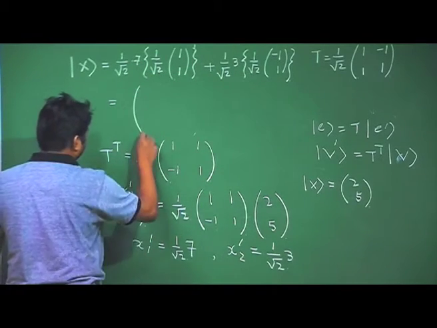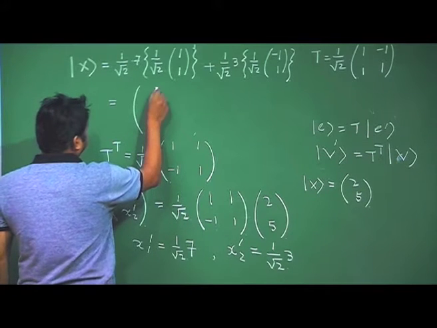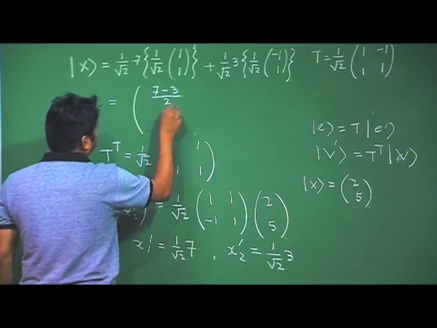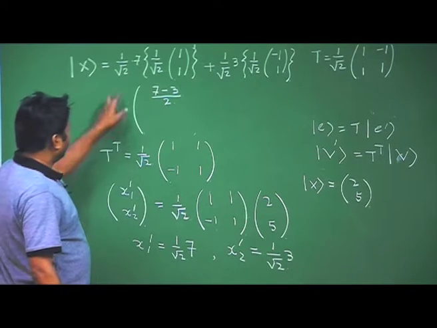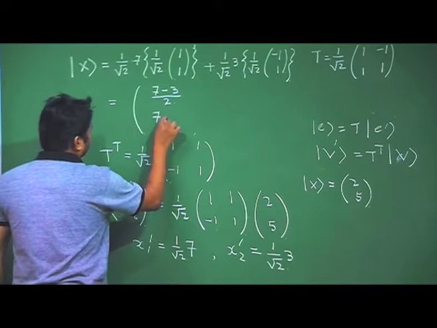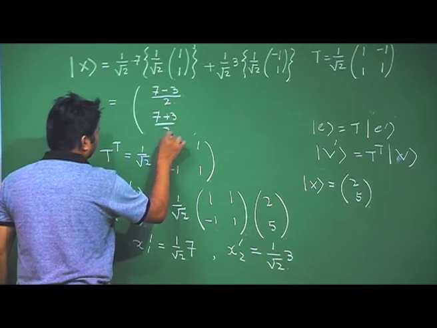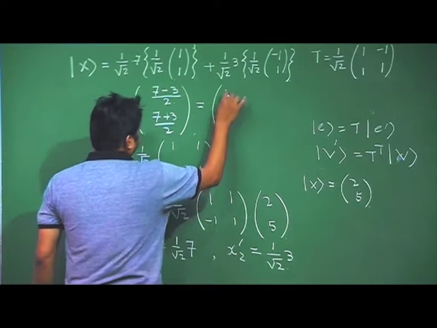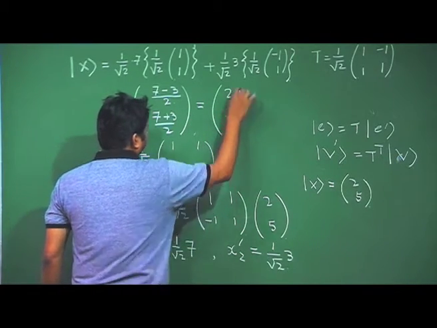The first component will be 7 minus 3 divided by 2, and the second component will be 7 plus 3 divided by 2. This is essentially my old matrix 2 and 5.